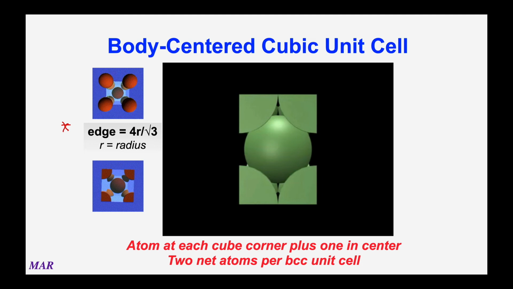And again, this comes from geometry, and you can read more about it in the lab. I won't talk about it here, but that's how you can go from the radius of one of these atoms to the edge of the cell. So 2 net atoms, edge equals 4r divided by square root of 3. That's the body-centered cubic unit cell, BCC.